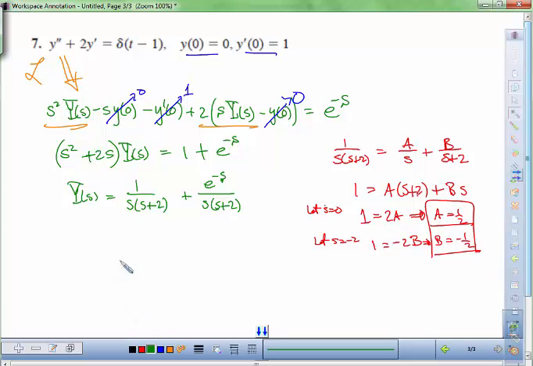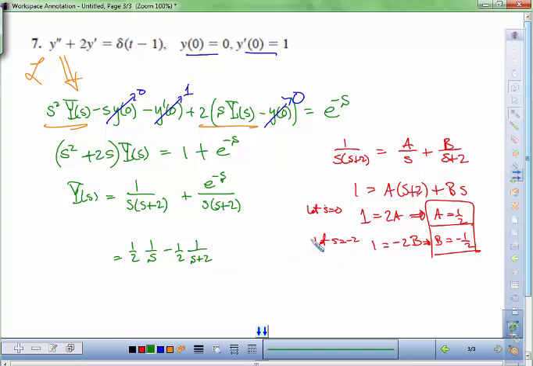So your decomposition will look like this. A is 1/2 times 1 over s, and then B is negative 1/2, 1 over s plus 2.